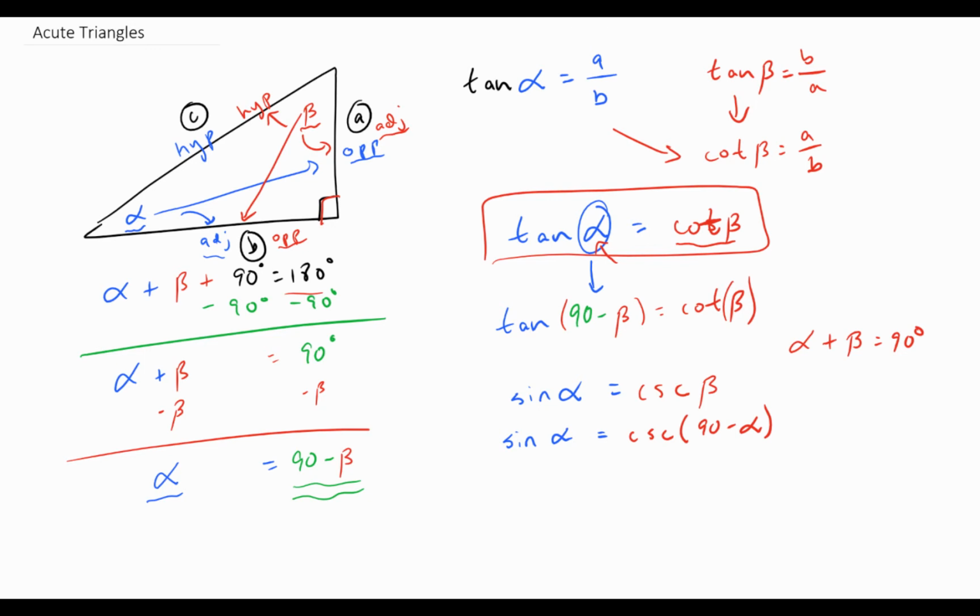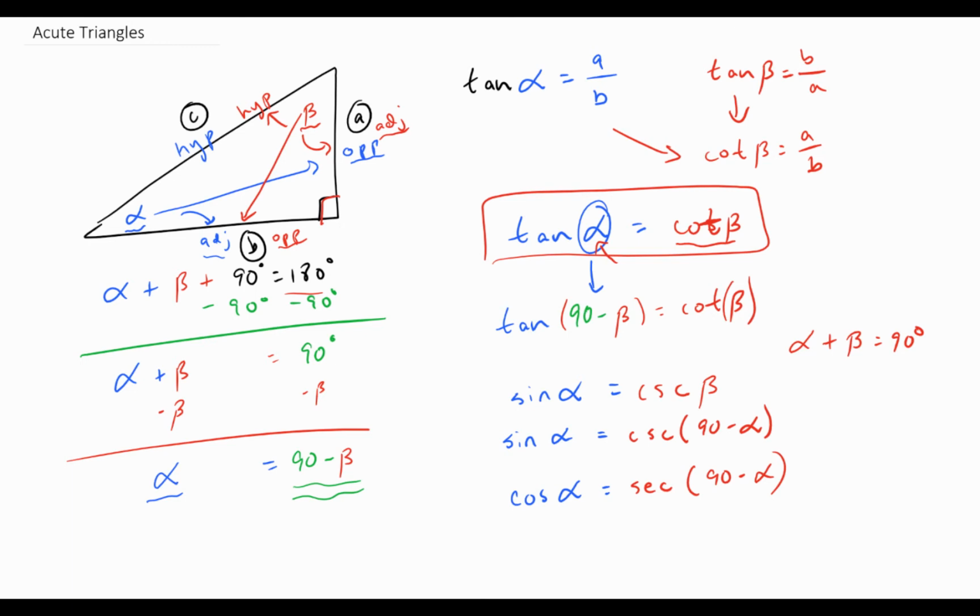And lastly, we could do the same thing with cosine of alpha, and I'm not going to write the secant of beta, I'm just going to write the secant of its complement, or the other angle, which is 90 minus alpha, or beta.